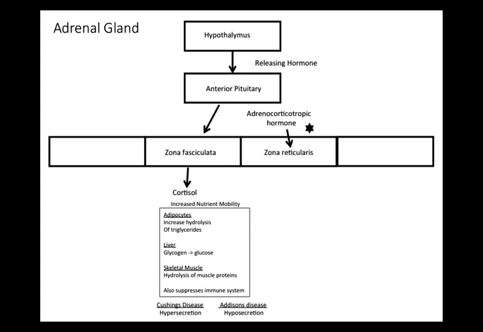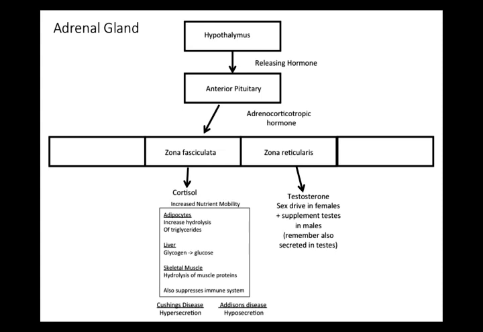So moving forward, we have the zona reticularis. The zona reticularis is partially mediated by the adrenocorticotropic hormone. There are some other things that can make that happen as well. Some of them are sort of unknown. But the zona reticularis in particular produces androgens, or testosterone specifically, a type of androgen hormone.